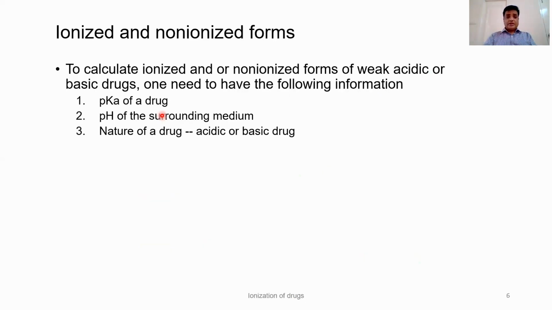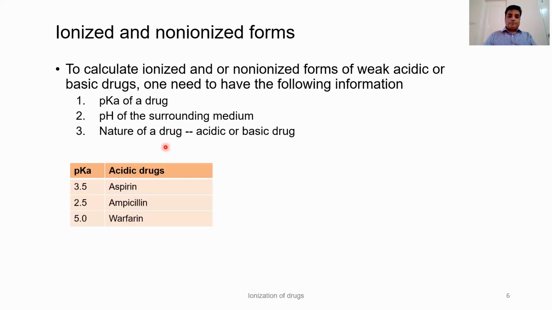Let us calculate the ionized and unionized forms of the acidic or basic drug. We need three things. We need to know the pKa of a drug, a unique property of a drug. We need to know the surrounding pH, and we also need to know the nature, acidic or basic, of the drug. Now, some examples of acidic drugs are given here.